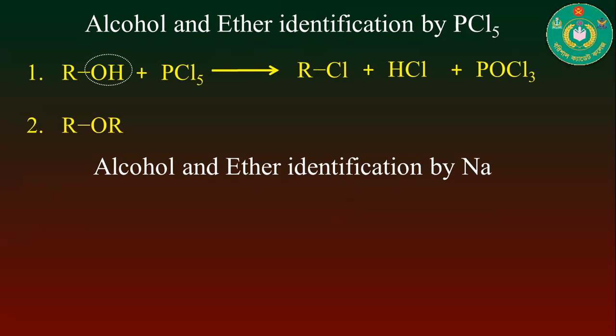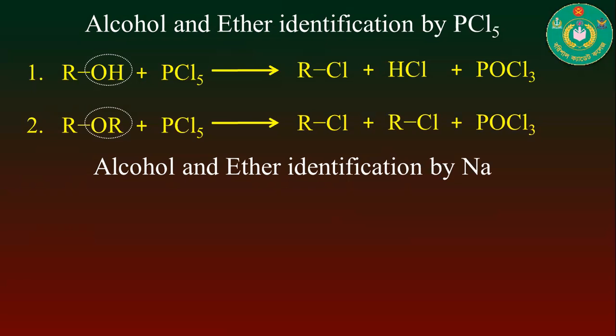But if phosphorus pentachloride is added to an etheric compound, then alkyl chloride is produced, and in this case hydrochloric acid is not produced. So by this reaction we can identify alcohol and etheric compound.